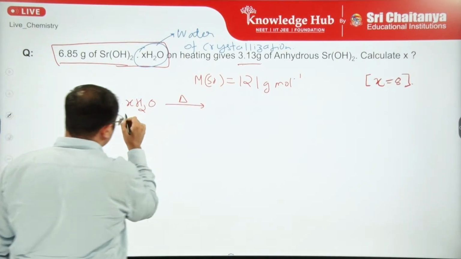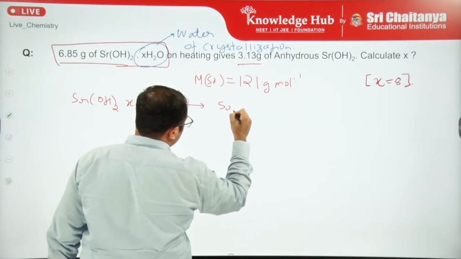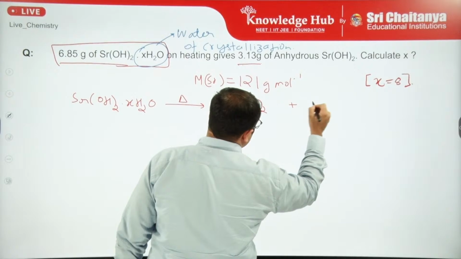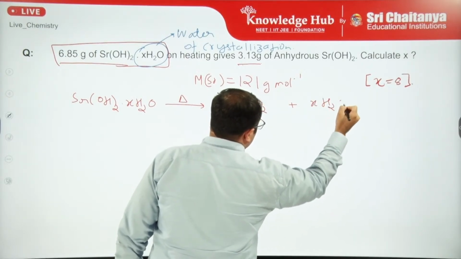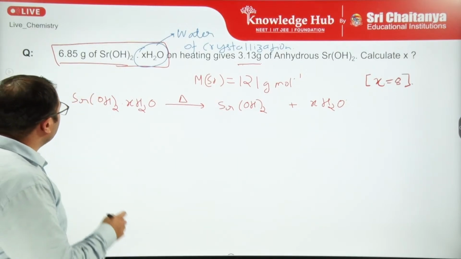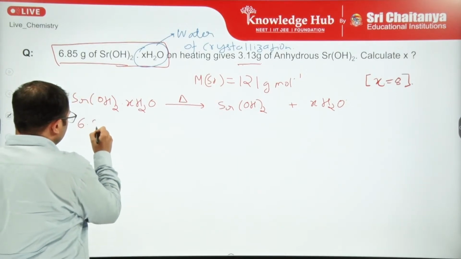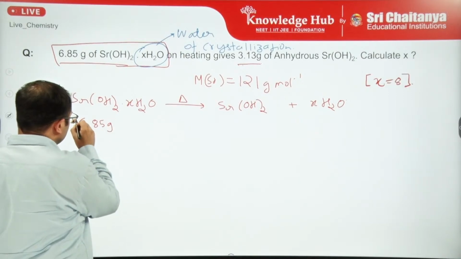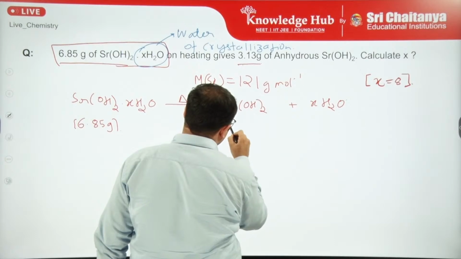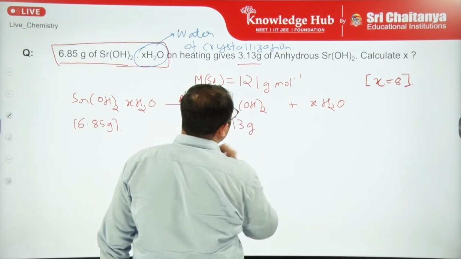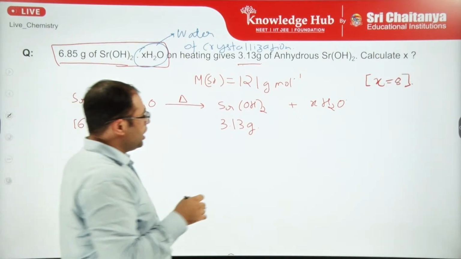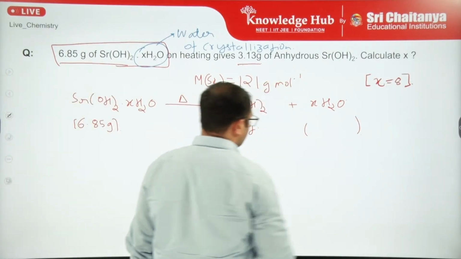When you heat it, this water of crystallization separates out. This is a normal phenomenon, happens everywhere. So this is your 6.85 grams of this compound. On heating it gives you 3.13 grams of anhydrous strontium hydroxide, right? And there is some grams of this.